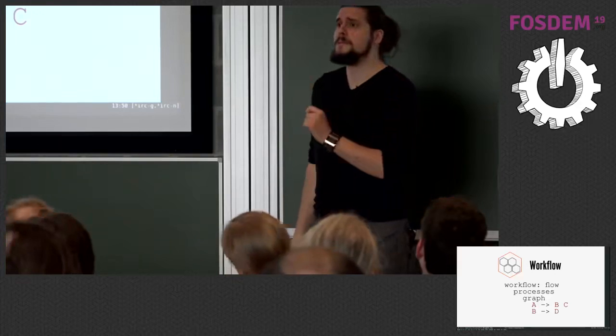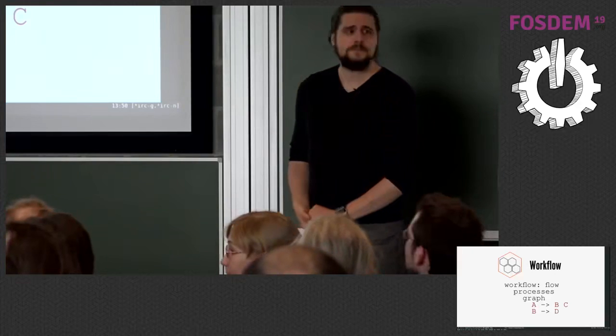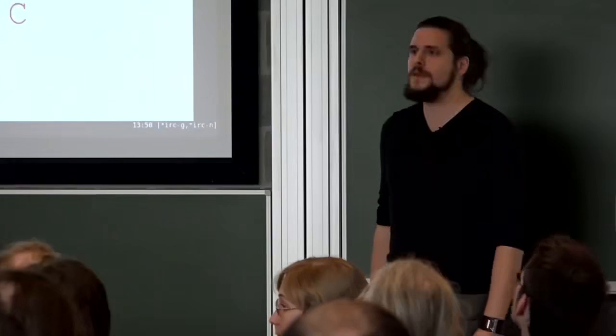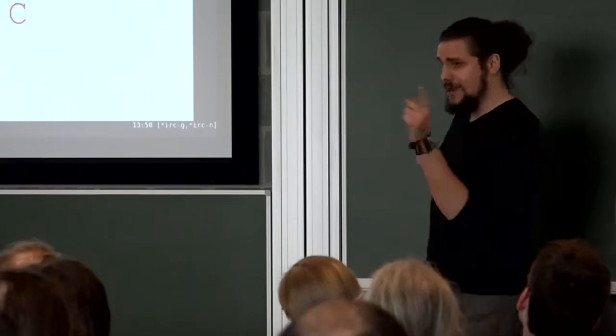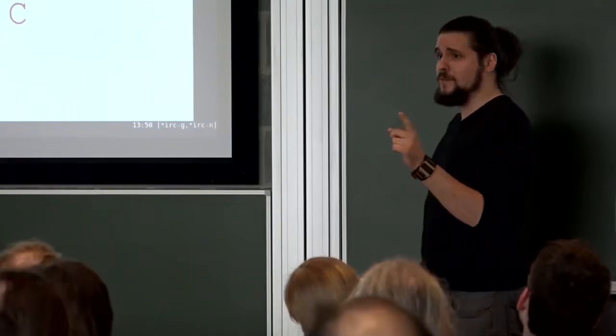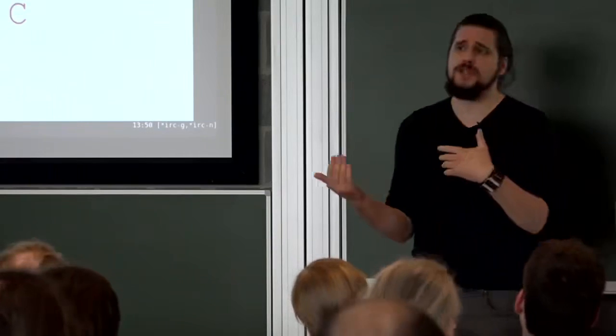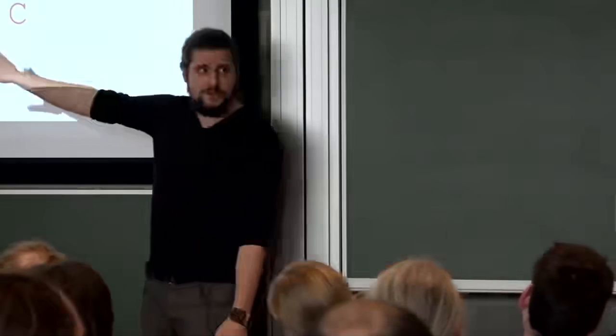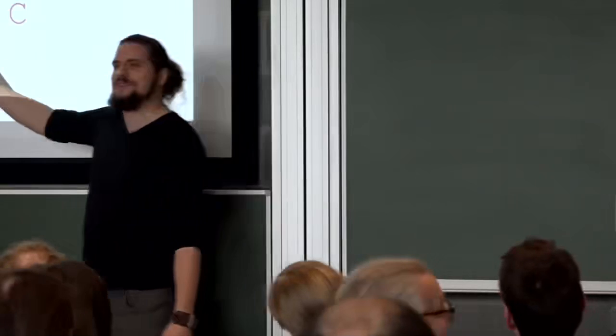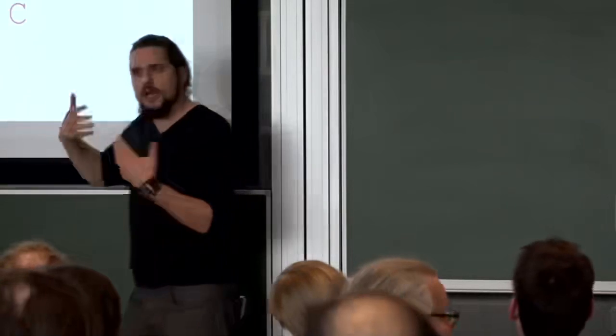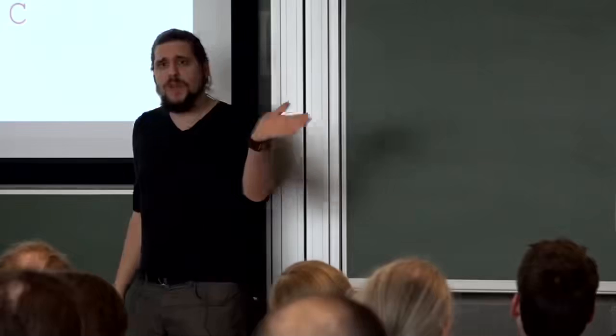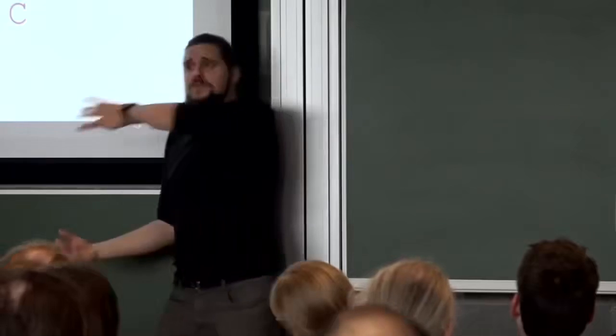There was a question. When you read it, you read B depends on D. Does the data flow from B to D or from D to B? This is actually a future extension that is currently in the works. There are different ways of expressing the same thing. So the question was whether this is a data flow expression, where data flows from A to B and C, or if it goes the other way around.